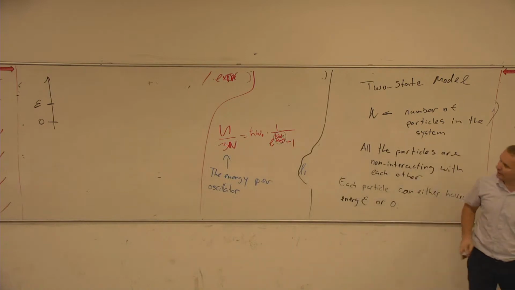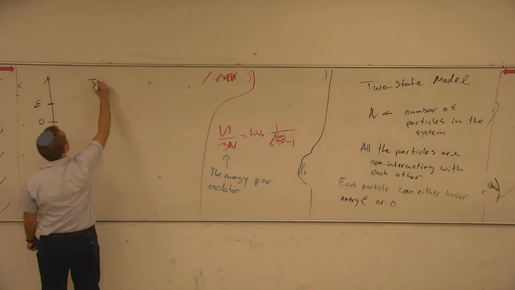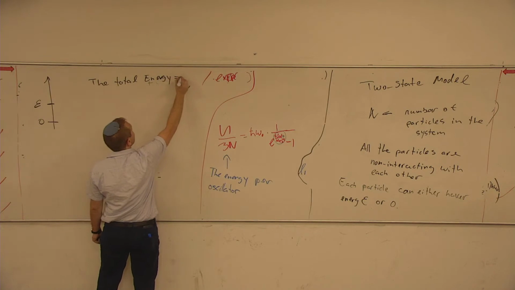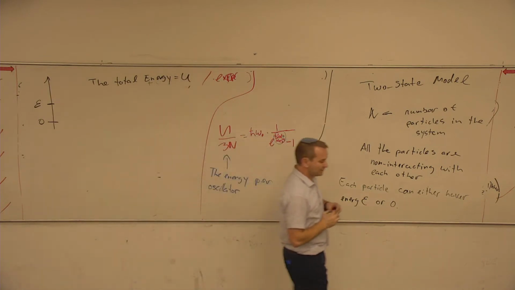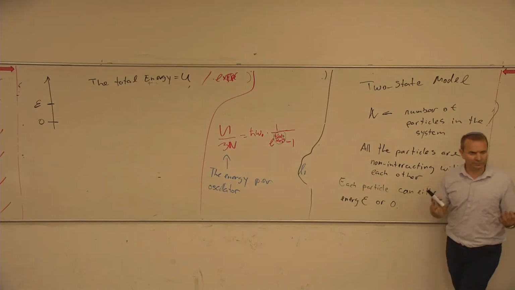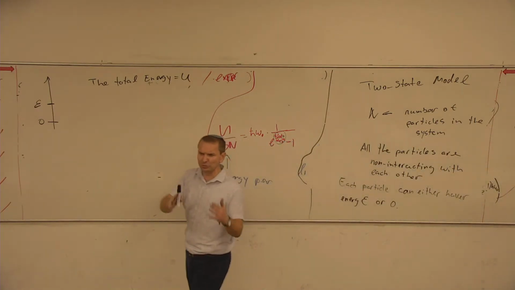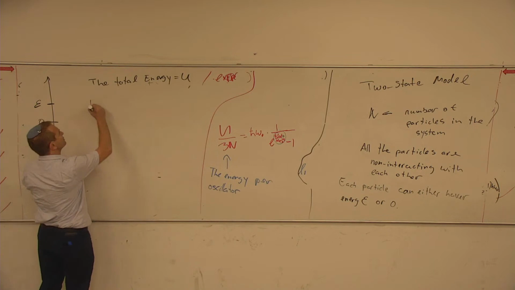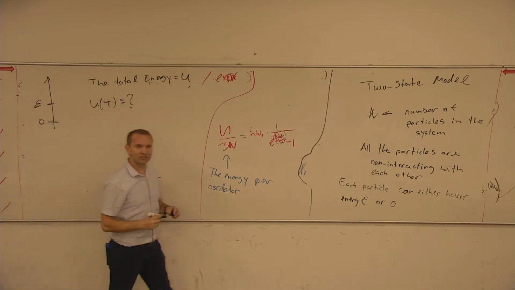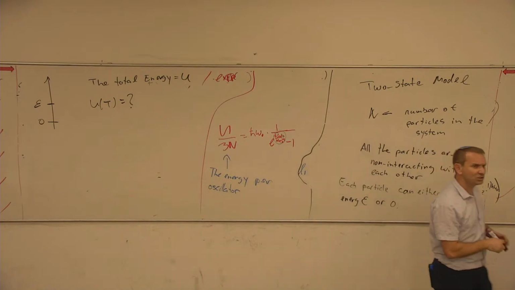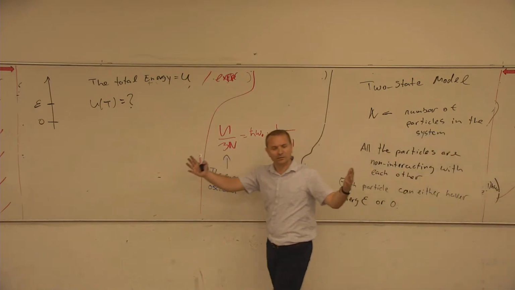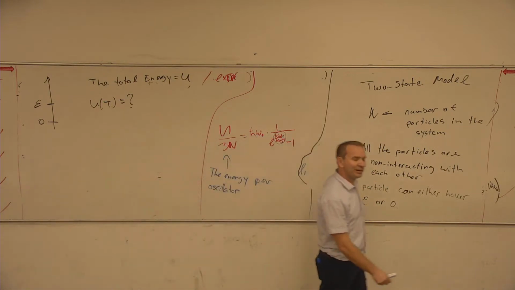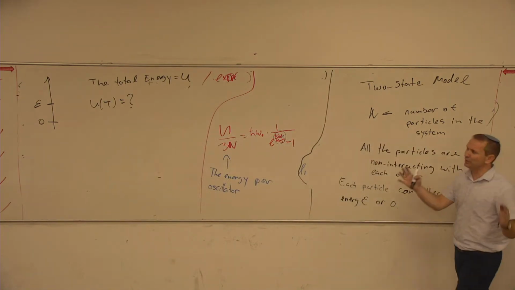Now we assume that the total energy equals U. Now we want to obtain some sort of an equation of state. Again, like before, we obtained that there is a connection between energy and temperature, something like this, we should obtain over here, U as a function of T. Because the moment that we have an expression for the energy, we can do whatever we like. We are perfectly fine with the thermodynamical laws, and we can compute everything.